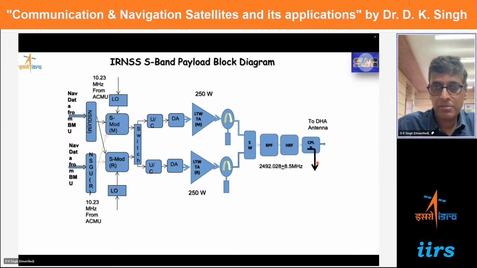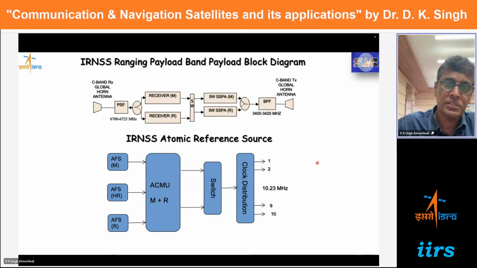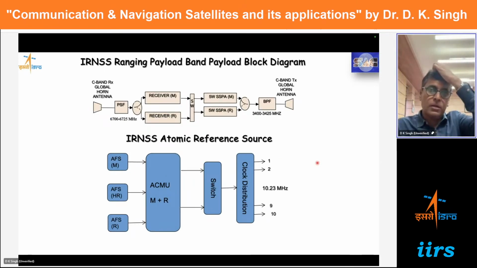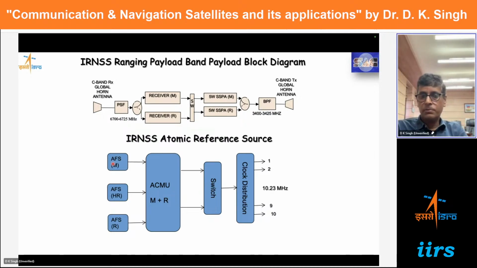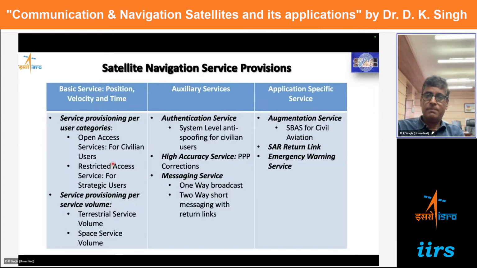For the S band and L band we have used two frequencies, and the heart of the whole onboard system is the atomic clock, and we in India have successfully developed our own atomic clock right here at the Space Applications Centre and flown it on the NVS-01 satellite, which is working fine.